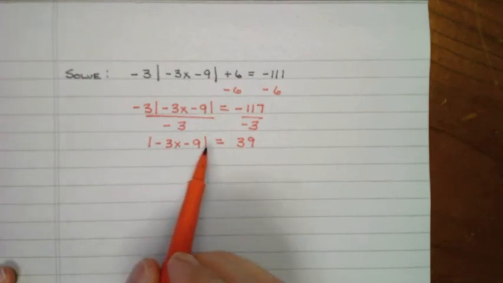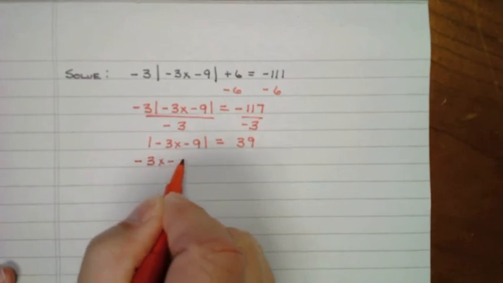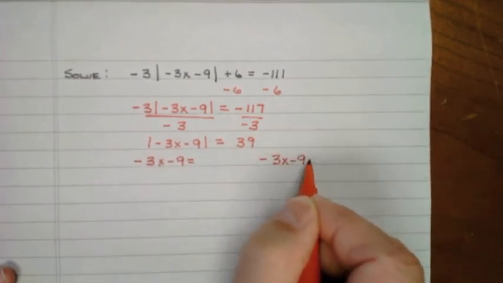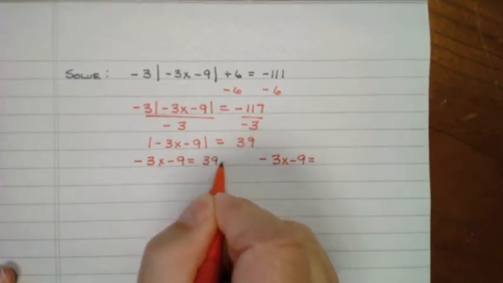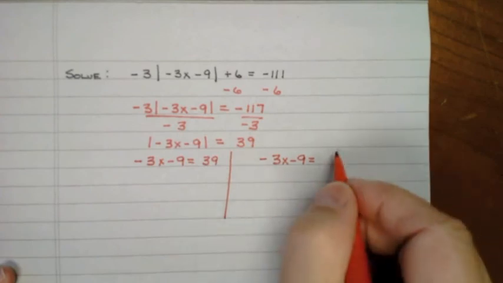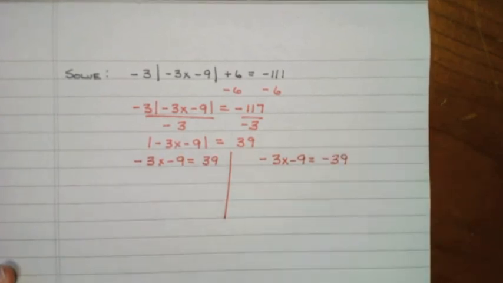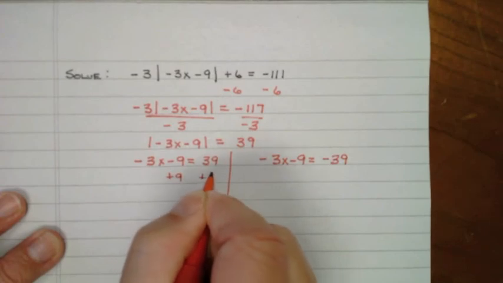What's inside this absolute value symbol stays the same. You write it down twice. This number, one time you write it down being positive, the other time you write it down being negative. And these are the two equations that you solve. Add 9 to both sides.